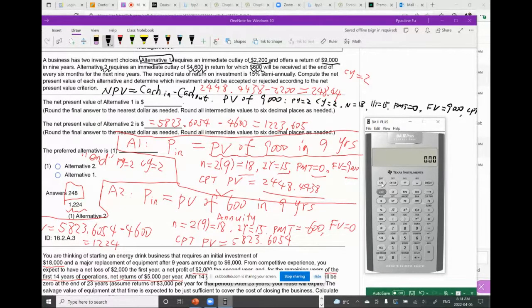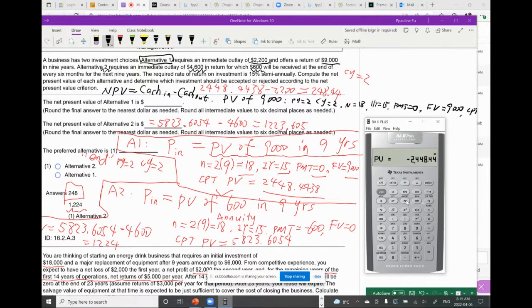Second quit. 18 is term N. 15 is interest IY. 0 PMT. 9,000 is the future value.